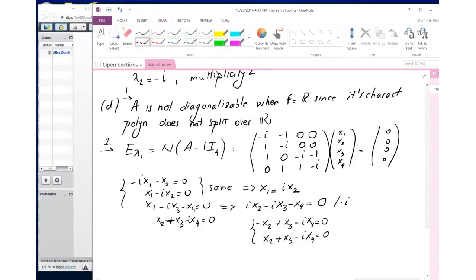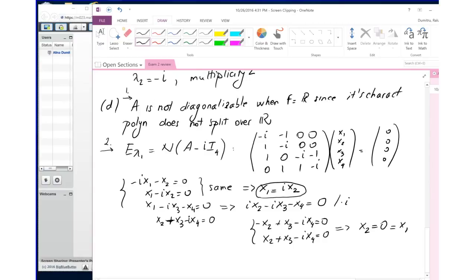If you subtract the second from the first or backwards, x2 is 0, right? Because x3 and i x4 will just go away. x2 is 0, but if x2 is 0, x1 is 0, according to this.